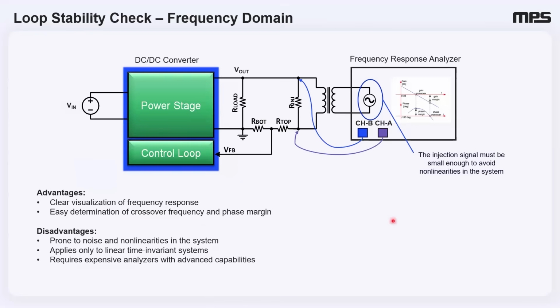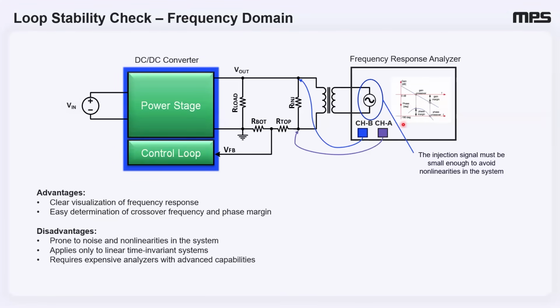Now that we understand the key parameters, how do we measure them? The traditional method is in the frequency domain, typically using a frequency response analyzer. The idea here is to inject a small AC signal into the feedback loop of the DC-DC converter. It must be small enough to avoid non-linearities in the system and then measure the gain and phase response across the range of frequencies.